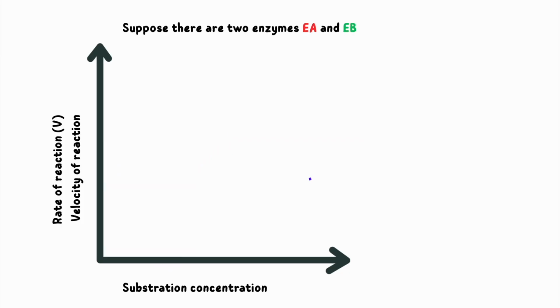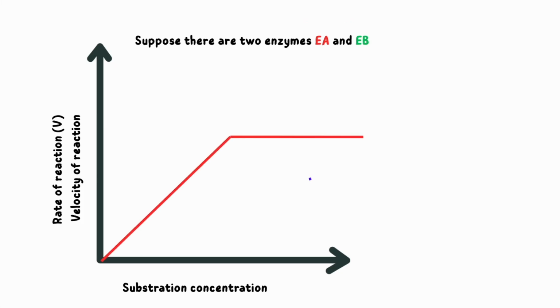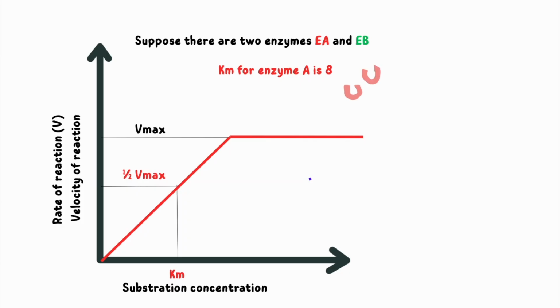Let us compare the Km value for enzyme A and enzyme B. Suppose the Km for enzyme A is 8. That is, if there are 4 enzymes present in the reaction, half of the enzyme sites are occupied by the substrate when its concentration reaches 8.